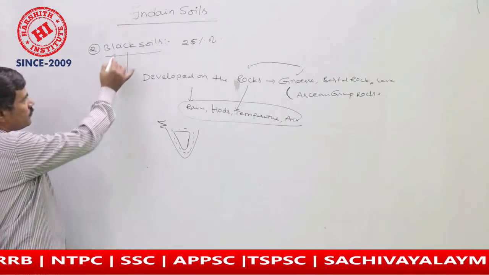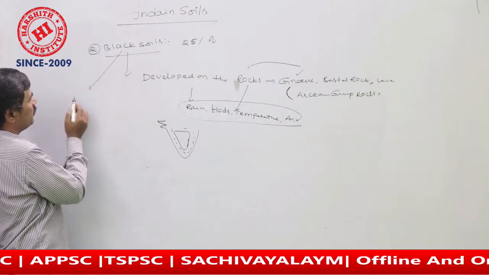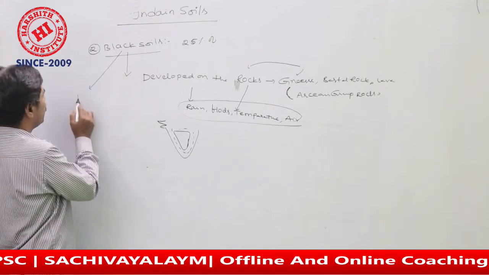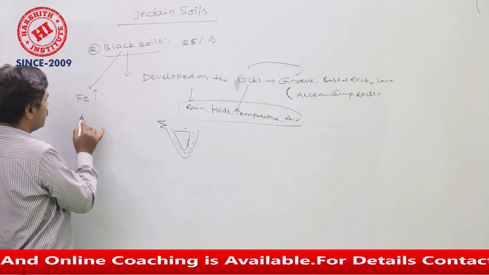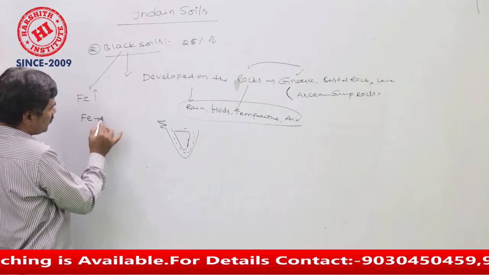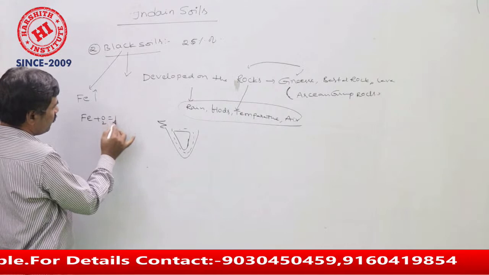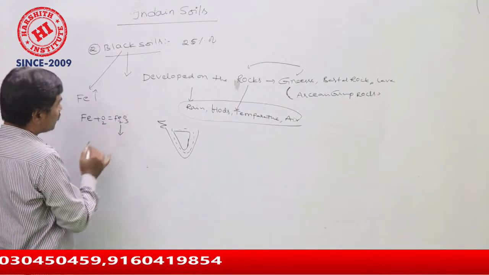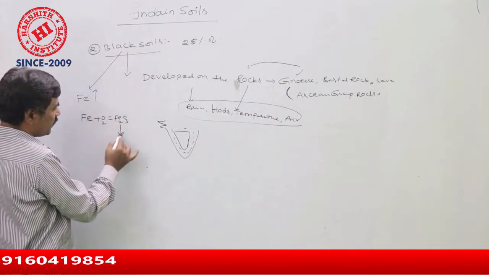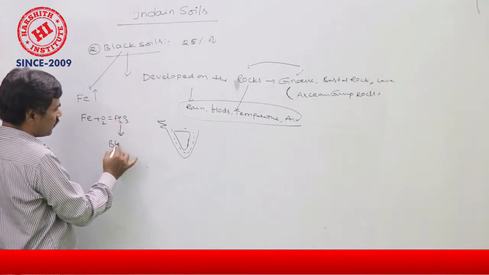This black soil has a high ferrous percentage. Ferrous plus oxygen combine to form ferric oxide, and in the presence of ferric oxide, black soils get the black color.